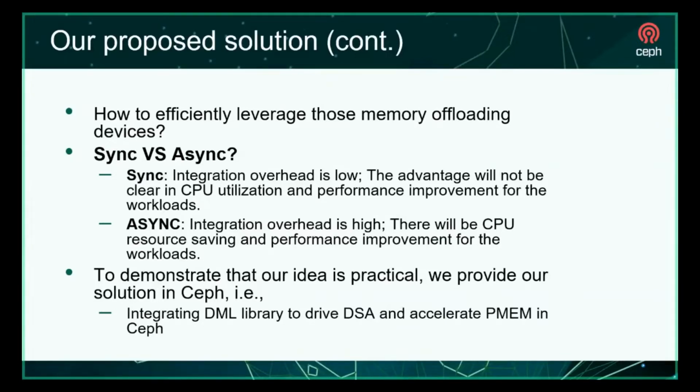We think that we can have two different models to integrate those memory offloading devices, because there is already support from the kernel or user libraries to integrate them. So if we want to replace the memory copy or movement operations between memory and persistent memory, we can just replace the CPU statement with the operations provided by the library, and then we can use it.